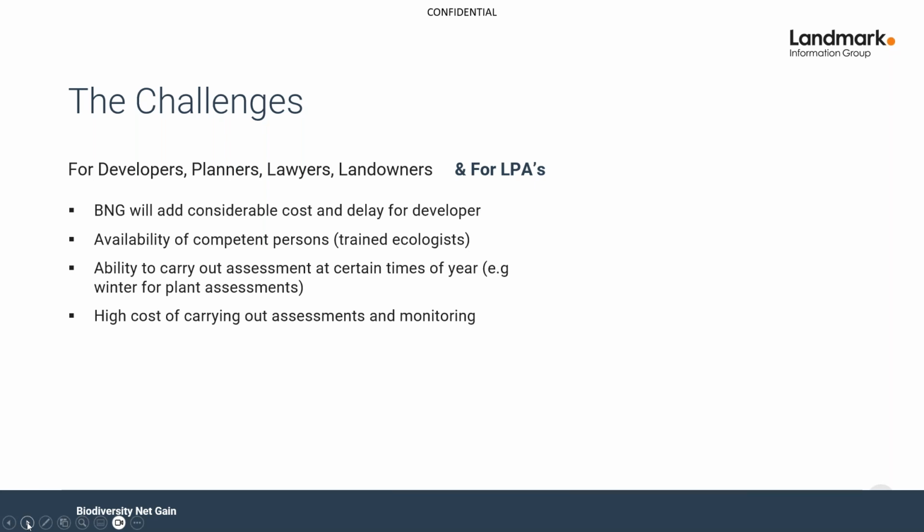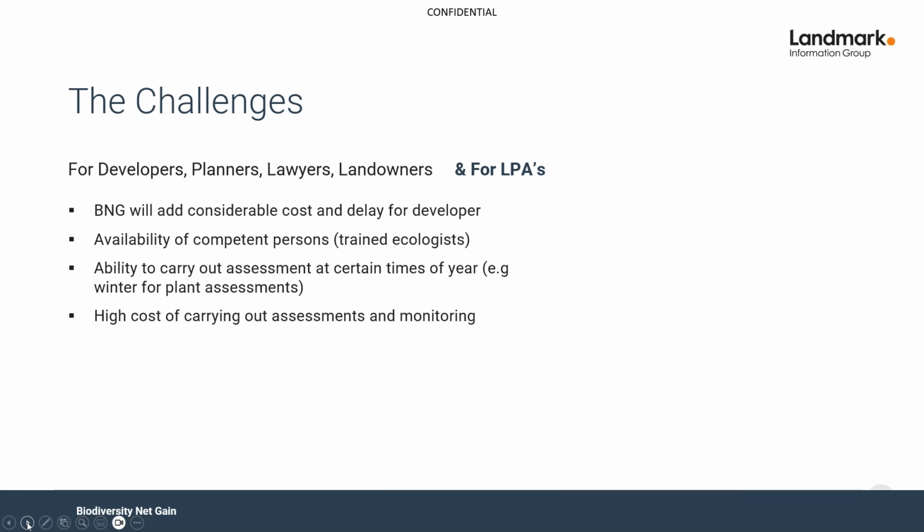And there is a worry, I think, about the lack of capacity here, particularly in relation to trained ecologists. Although biodiversity net gain is new, assessing the ecological impact of development is by no means new. So quite a large pool of those trained ecologists are already tied up in existing work for developers.